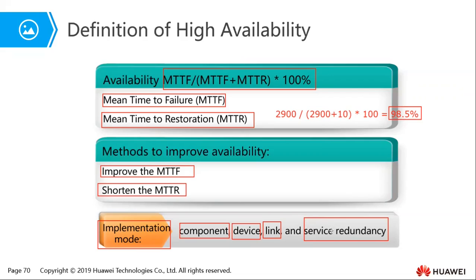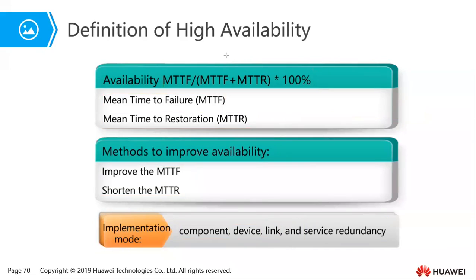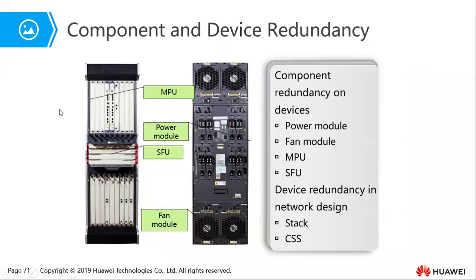You can also implement VRRP. We know that VRRP, we used it so that we can have multiple gateways and a backup gateway. So that is what we call service redundancy. Those are some of the things that you can do in order to improve MTTF and also shorten MTTR.